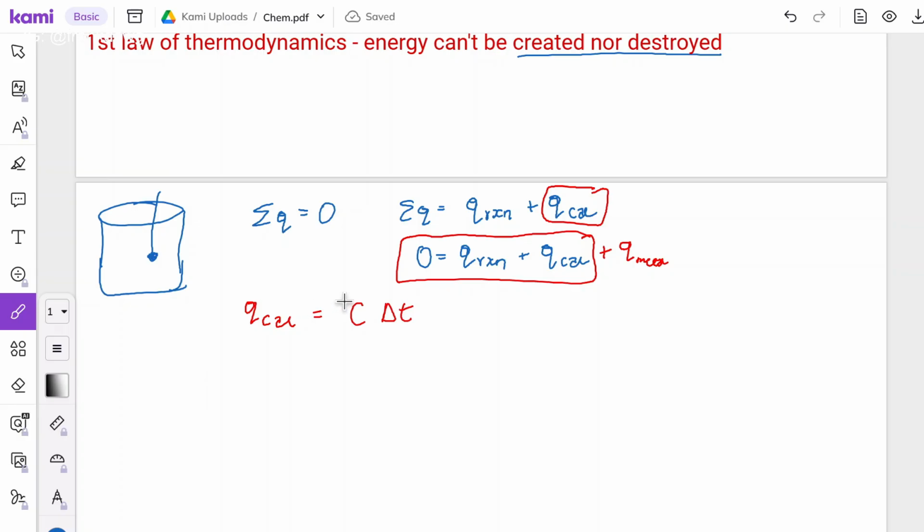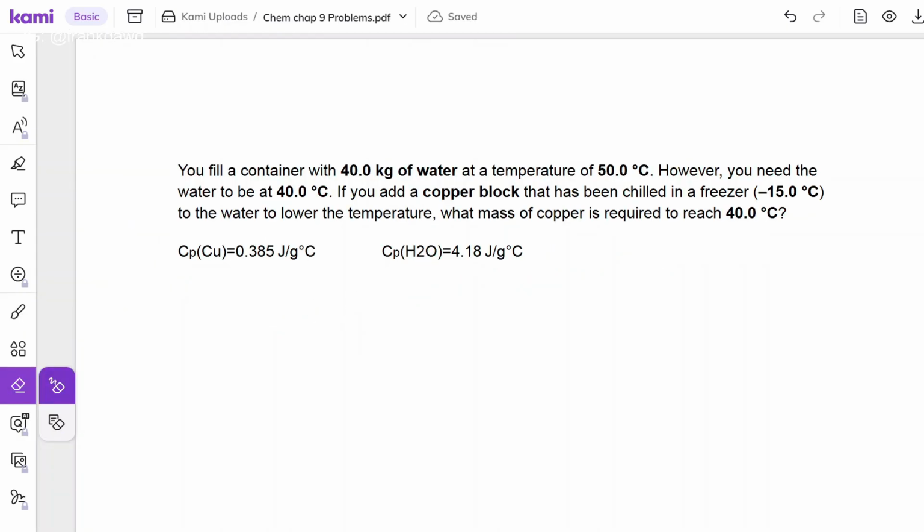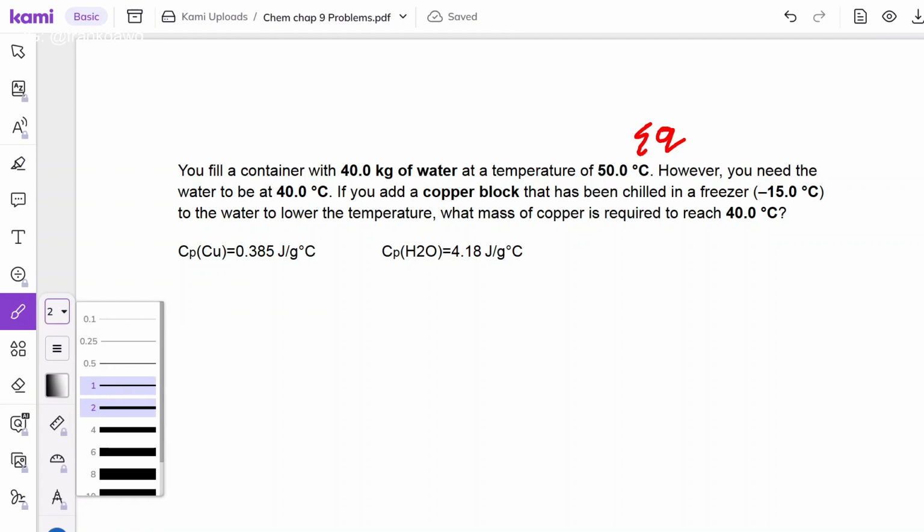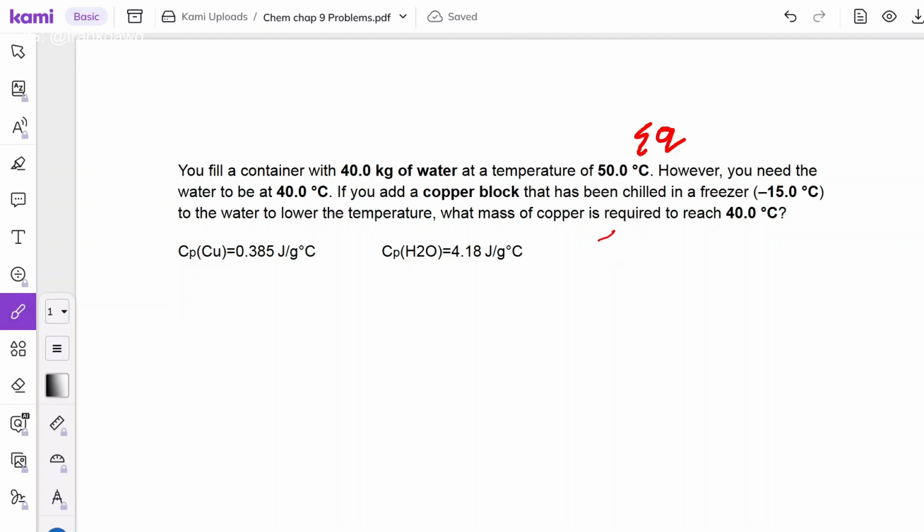There's no mass here. This is an example of a problem where, although it's not stated specifically, you are trying to solve for the total sum of energy in this system. And remember, the sum of all the Q's always has to be 0.